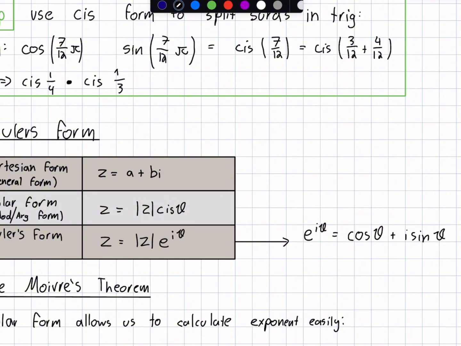And e to the power of i theta is defined as cos theta plus i sine theta. So cis of theta is actually equal to e to the power of i theta, which is quite interesting.